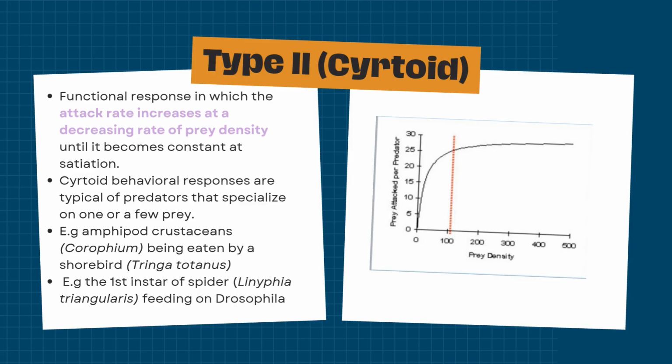Example, the amphipod crustacean Corophium being eaten by a shorebird, Tringa totanus. Second example is the first instar of the spider Linyphia triangularis feeding on Drosophila.